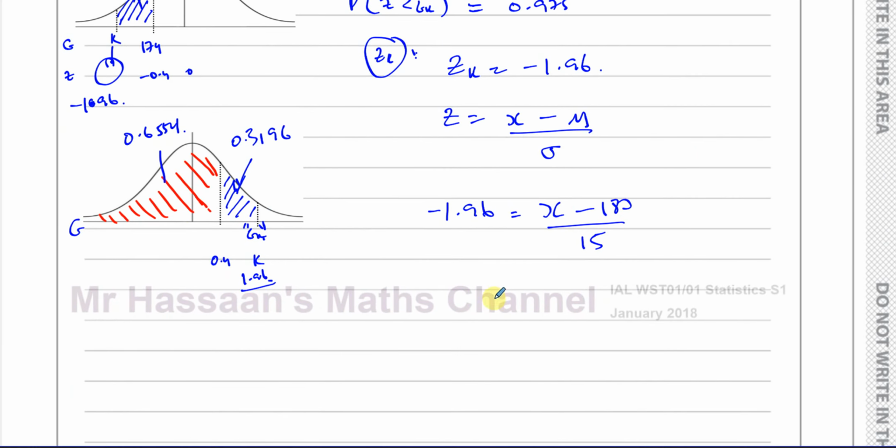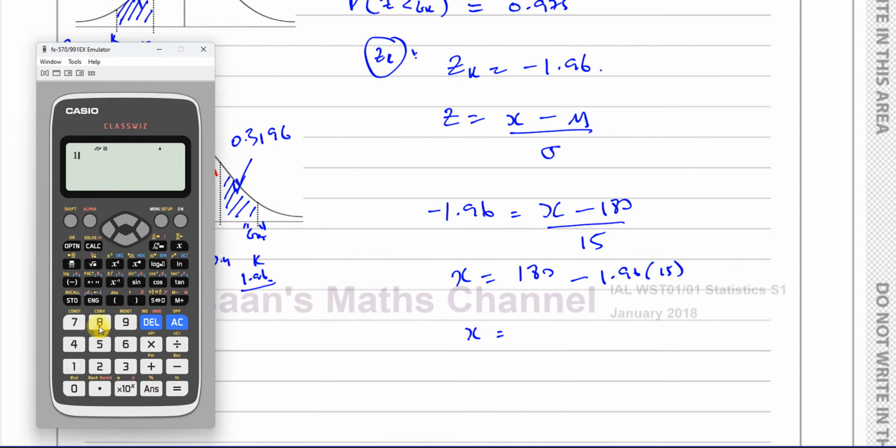Okay, so now we can say therefore X is going to be 180 minus 1.96 times 15. Okay, so it's 15 times that plus 180, that's right. So X is going to be 180 minus 1.96 times 15.